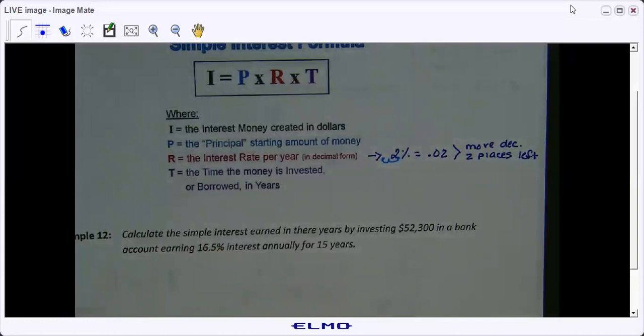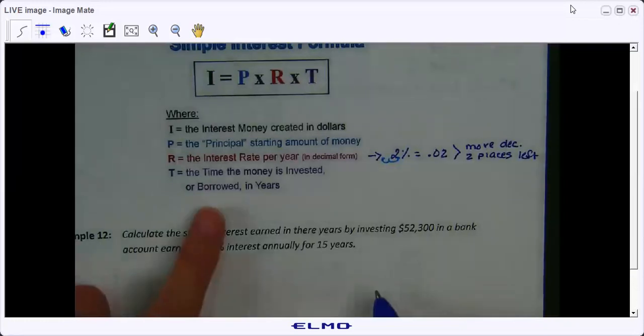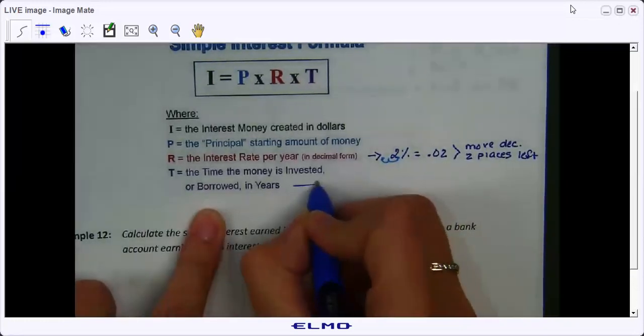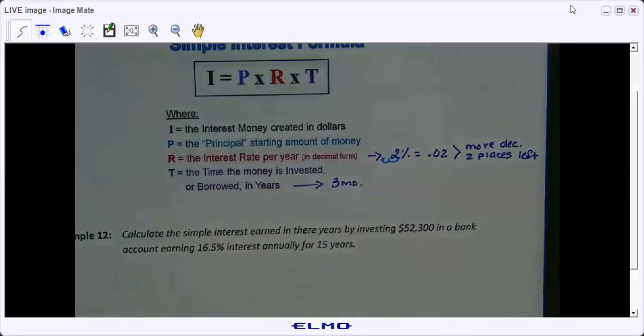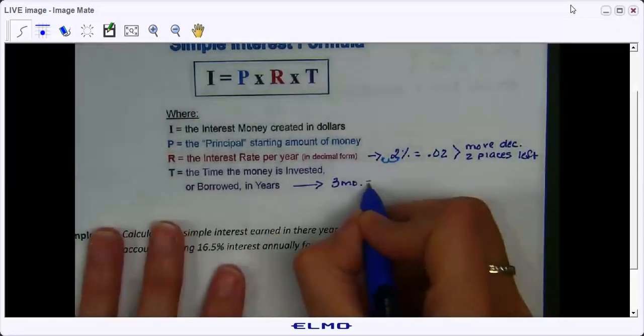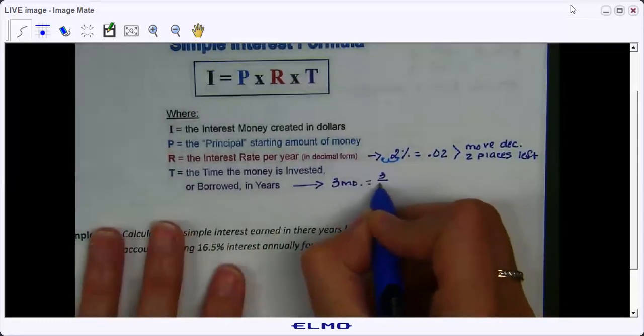Okay, now let's look at the time. What happens if you only leave your money in there for 3 months? So it says it has to be written in years, but it's 3 months. How do we turn that number into years? You divide it by 12. This becomes 3 over 12.